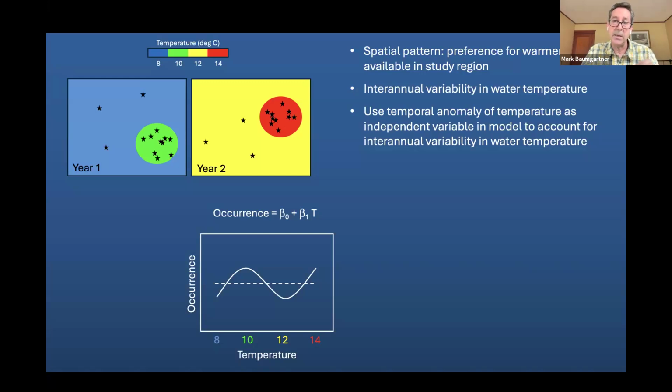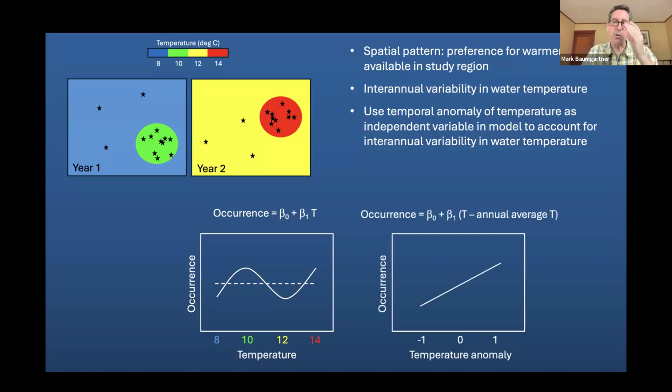What I mean by temporal anomaly is the temperature of the water minus the annual average over the entire study area. If you do that, you come up with the correct interpretation of what the spatial pattern is.